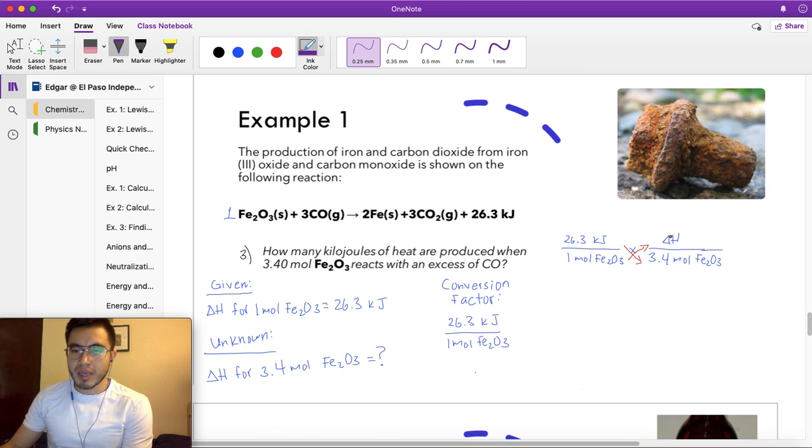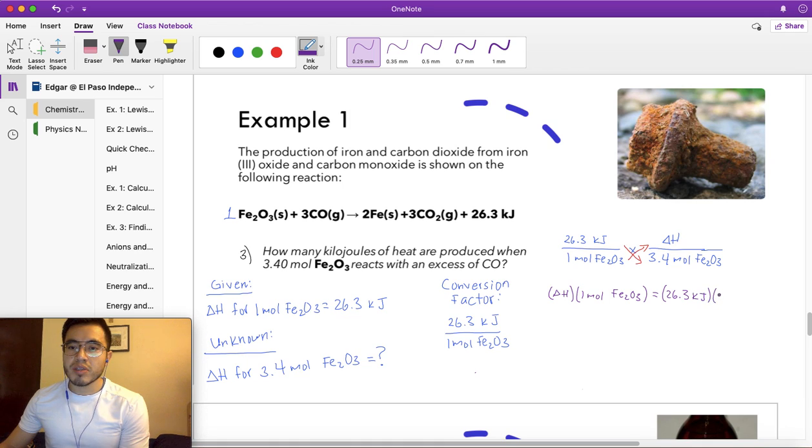So I'm going to start with delta H because we need to solve for delta H. So after the cross multiplication, we have parentheses delta H times 1 mole of rust, that's equal to 26.3 kilojoules times 3.4 moles of rust, close parentheses.